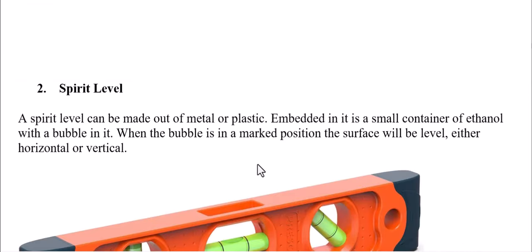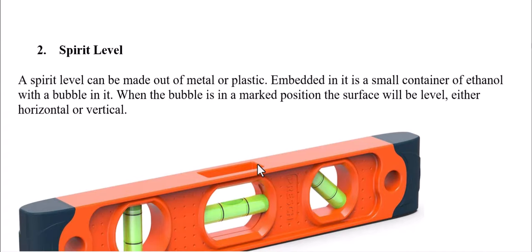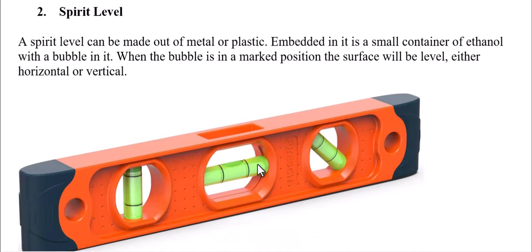And then we have the spirit level. This is another category of measuring instrument. It is used to measure the flatness of a surface, to what extent the surface is horizontal with respect to the ground, to what extent it is vertical with respect to the ground, and it can also be used to measure 45 degrees.